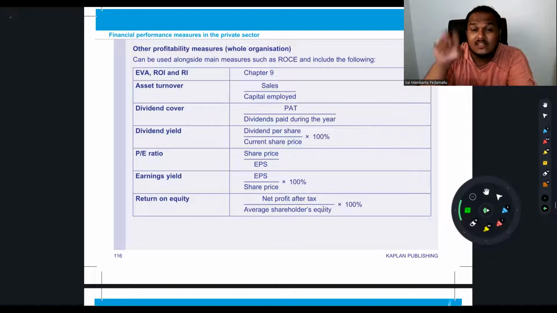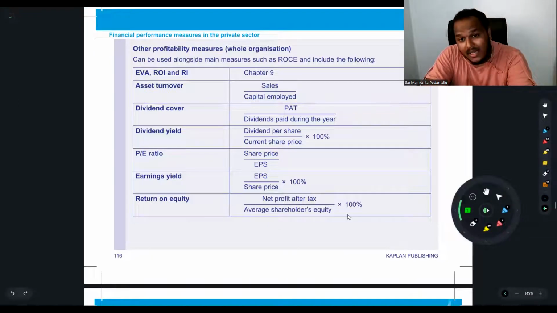If there is a non-cumulative dividend paid by the company on preference shares, the formula would be net profit after tax minus preference dividend, divided by average shareholders' equity. That minus preference dividend should have been included here.